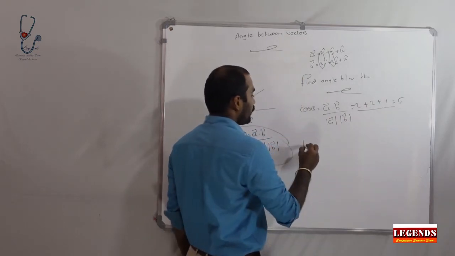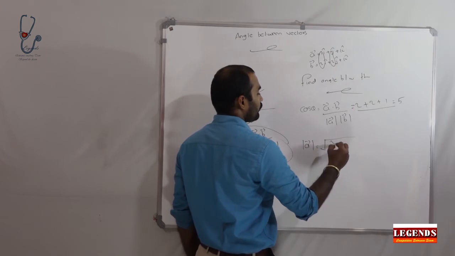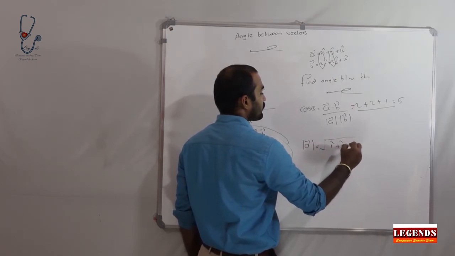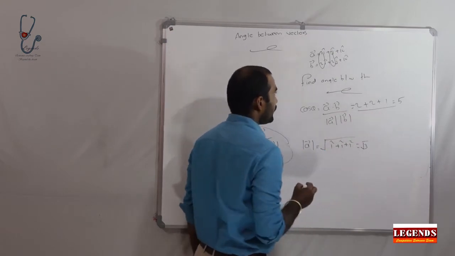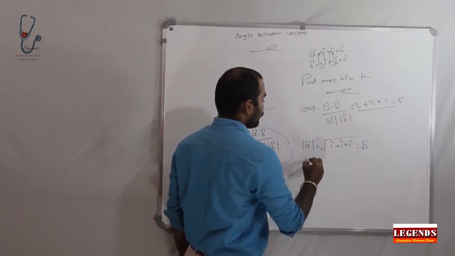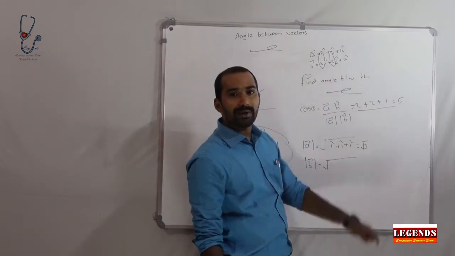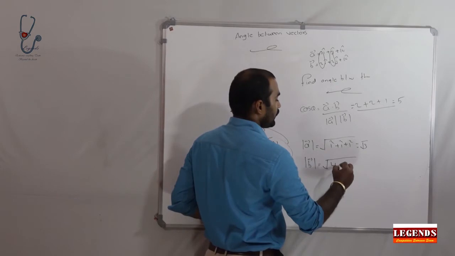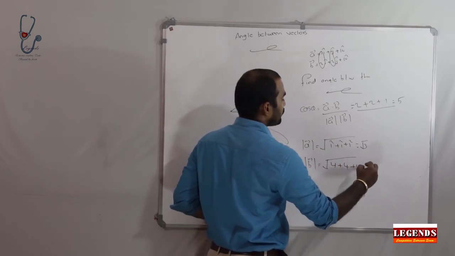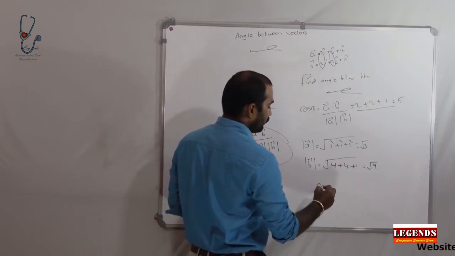Next, taking the magnitude of first and second. Magnitude of A is equal to root of 1 square plus 1 square plus 1 square, which is root 3. Next, magnitude of B is equal to root of 2 square is 4, again 2 square is 4, last one is 1, equal to root 9. Substitute the given values.